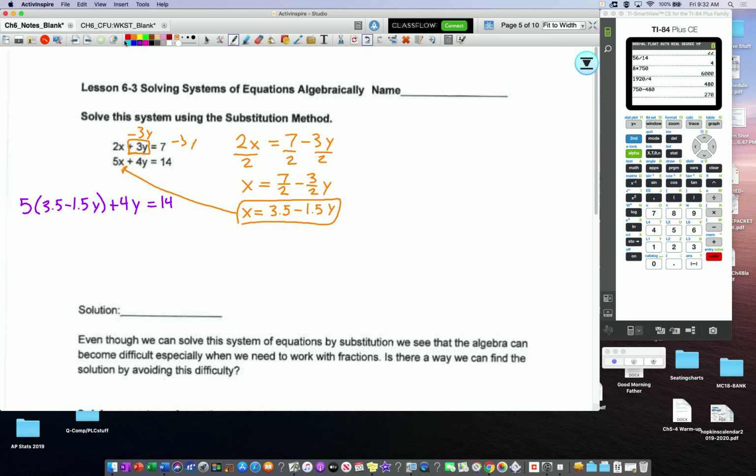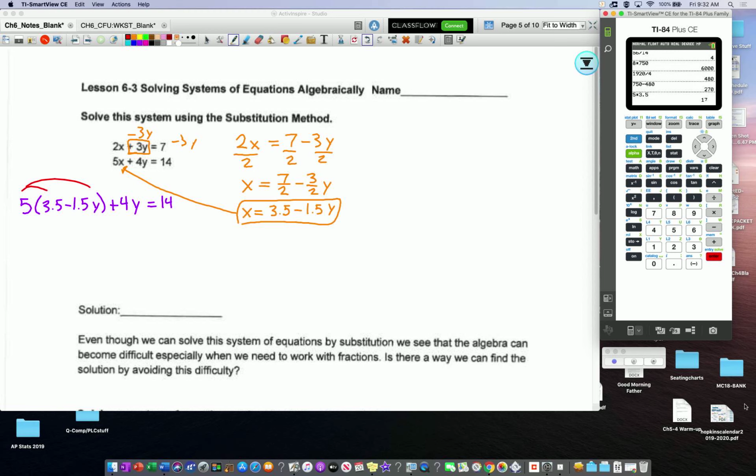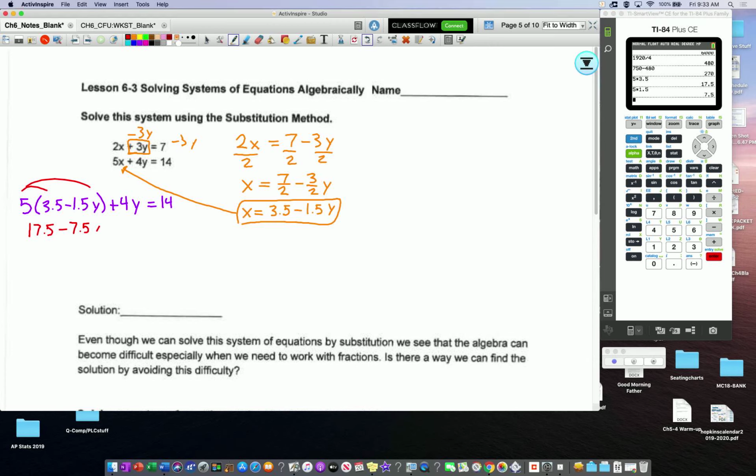Now let's distribute. Wow, 5 times 3.5 is 17.5. That's 17.5 minus, 5 times 1.5, I just know that it's a negative 7.5y plus 4y equals 14. Dealing with all these decimals and stuff. So I'm going to subtract 17.5 from both sides.